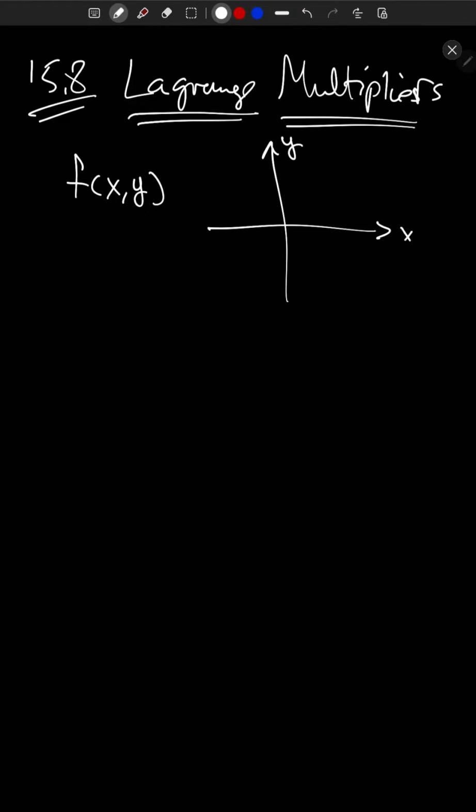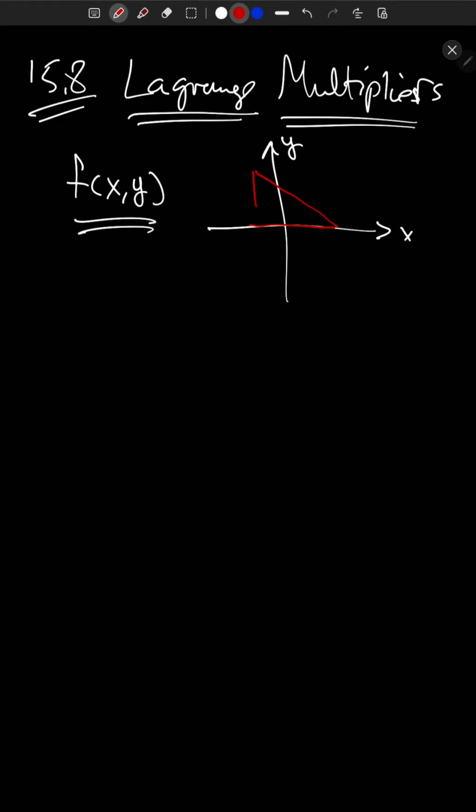So in the last section, a typical problem was to find the maximum of f of x comma y, or minimum, over a region in the domain, right? So maybe we're only interested, so the examples we did last time, we looked at a couple of triangles, right?